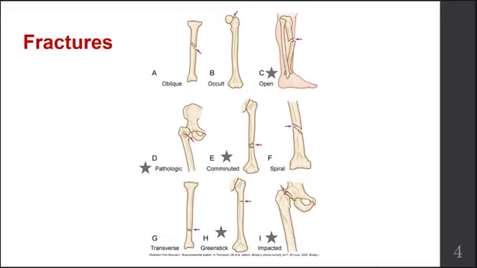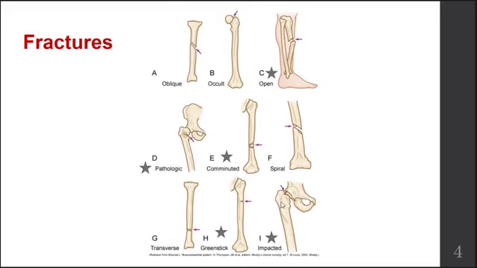Okay, finally, impacted fracture. This occurs when the broken ends of bone are jammed together by the force of the injury. It's really a type of fracture in which one of the broken fragments of bone wedges into another. So, let's say for example, somebody jumped from a very tall building and landed on their legs.